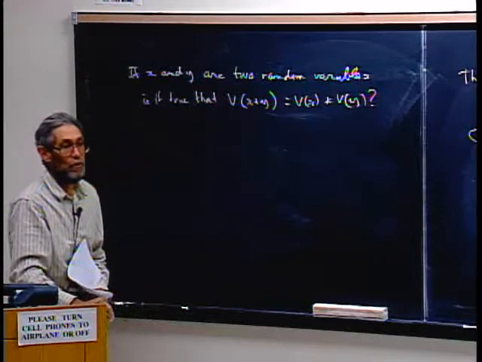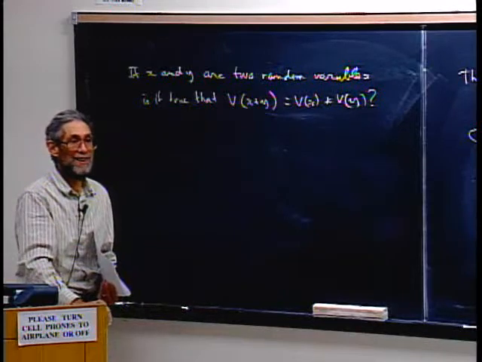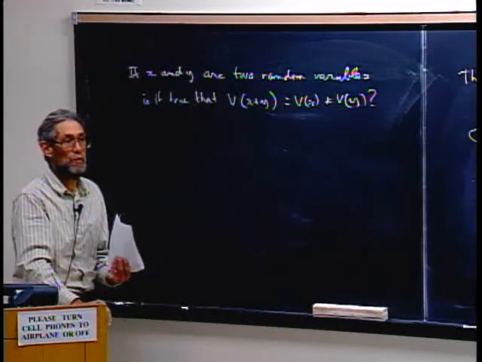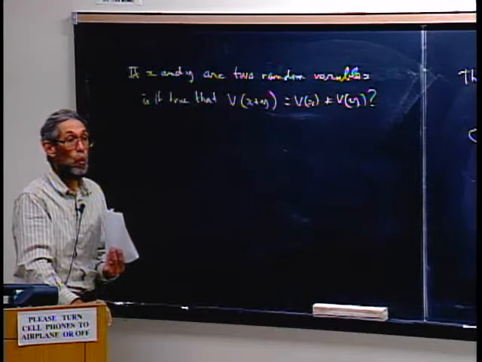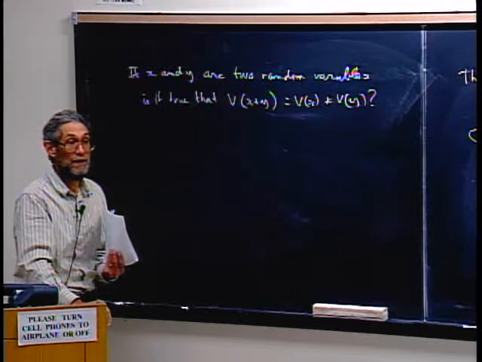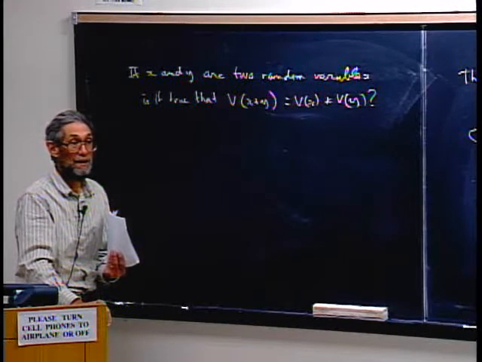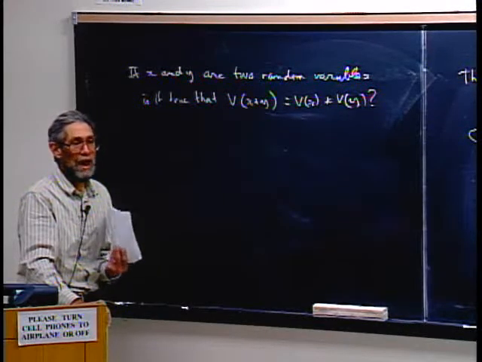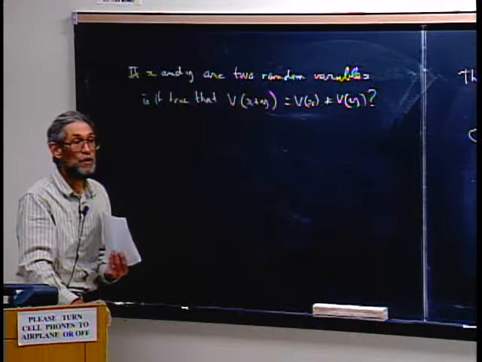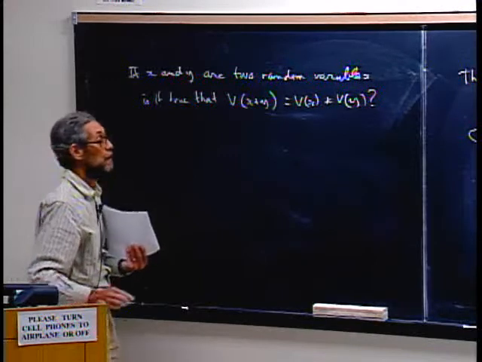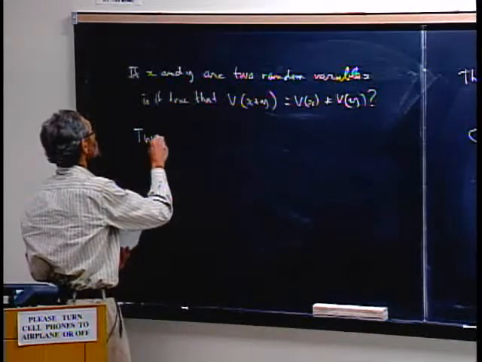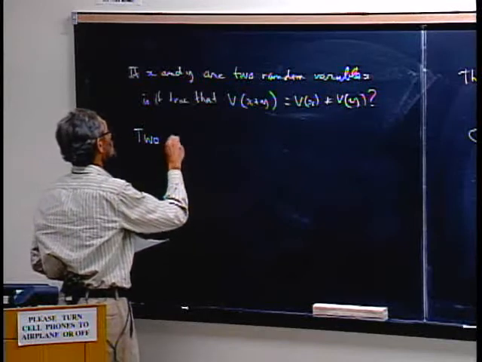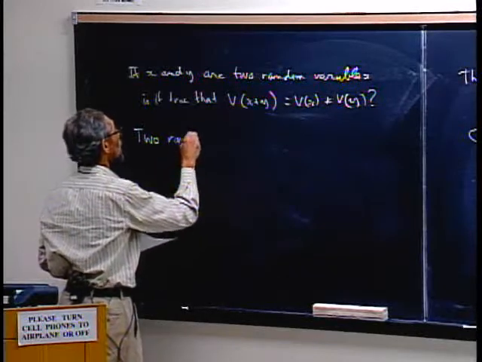So when is it true? All those people who raised your hand, do you remember enough probability and statistics to remember in what circumstances it is true? No, the actual word is independent. The two events are independent. I guess that's really random variables.